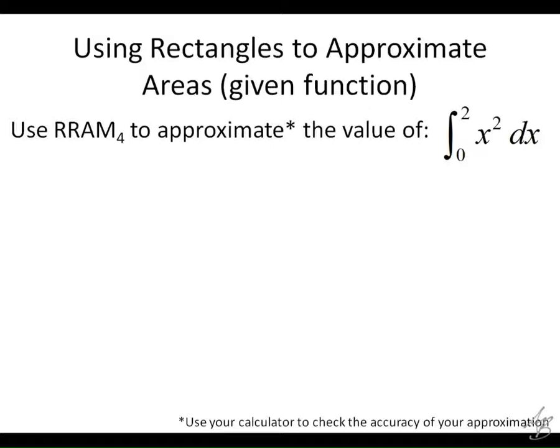The first thing I would do here is draw a picture. Let's try to get an idea of what this is going to look like. So we're dealing with x values between 0 and 2. There's no need to add more to our picture than necessary. So I'm just going to use the first quadrant here since everything's going to be in the first quadrant.